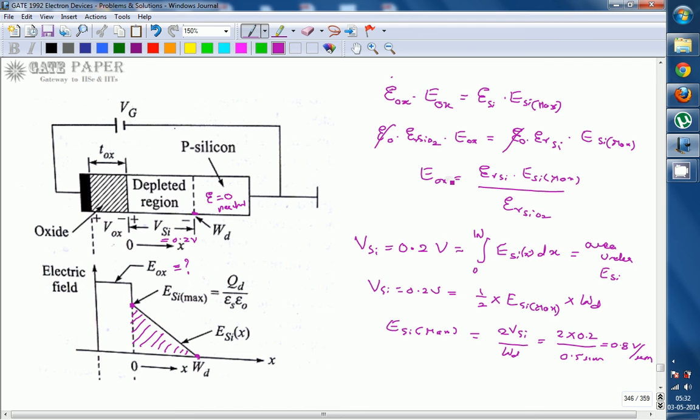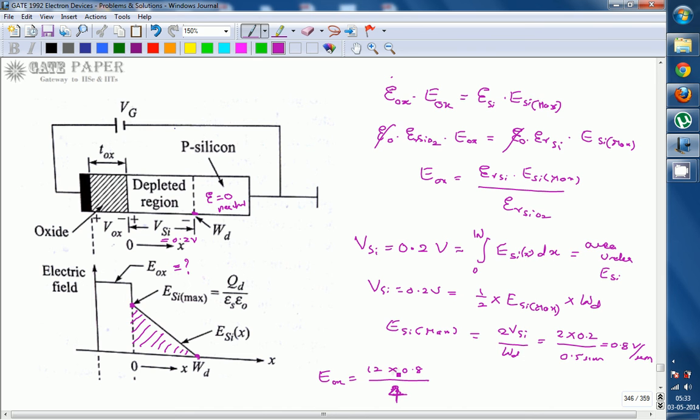From this equation, E_ox is epsilon_r of silicon, given as 12, into 0.8 volt per micrometer, divided by 4, the relative permittivity of silicon dioxide, which is given as 4.